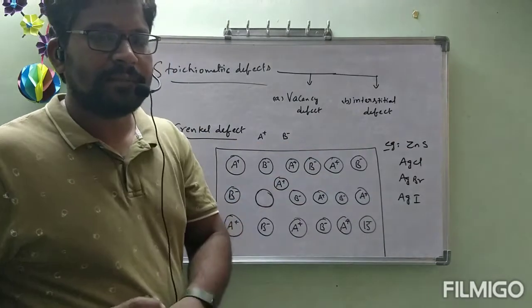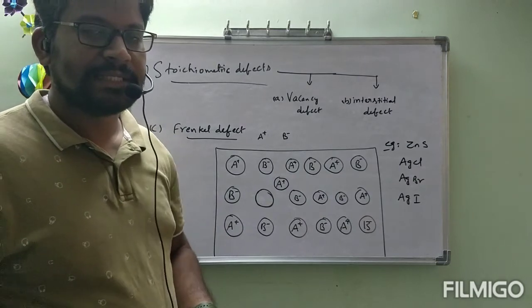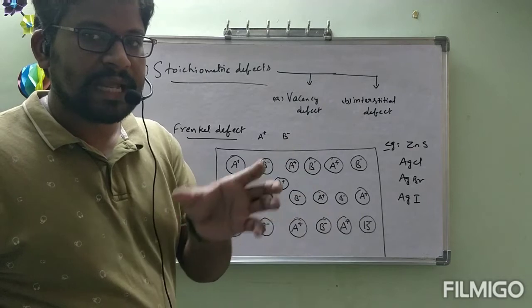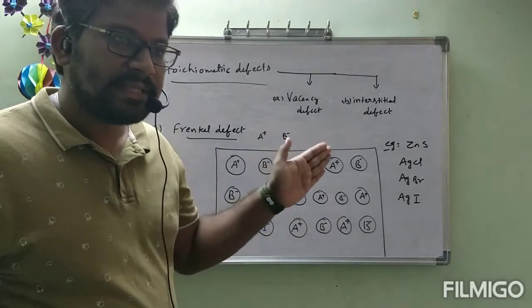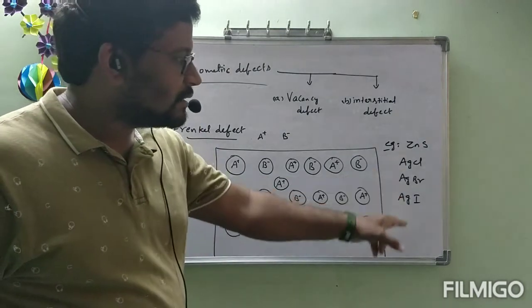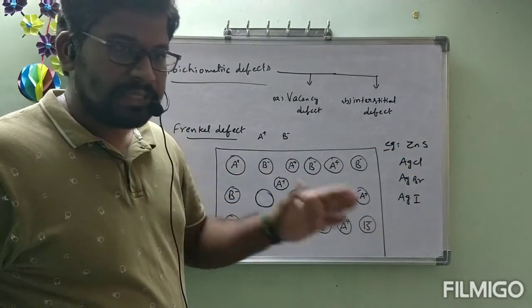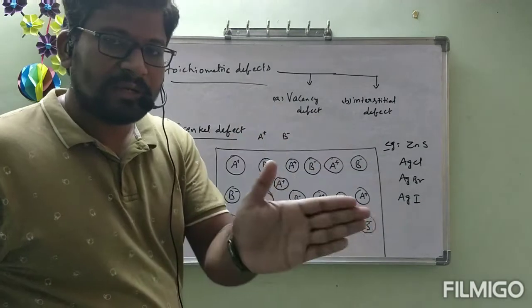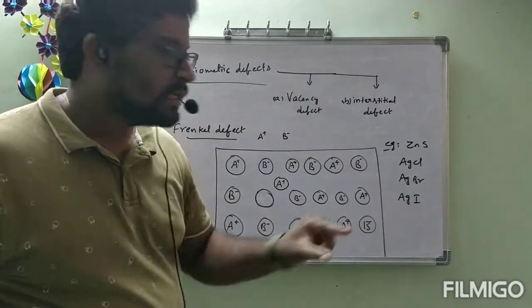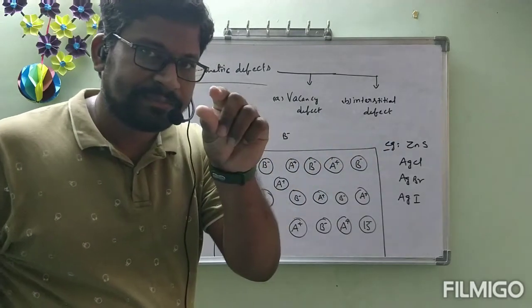Left to right, cation size decreases. Na plus is bigger, Mg plus 2 is smaller, next Al plus 3 is smaller still. Like that, left to right, cation size decreases. These are all D block elements now, which come in the middle after S block, so the size decreases further. These are small cations.